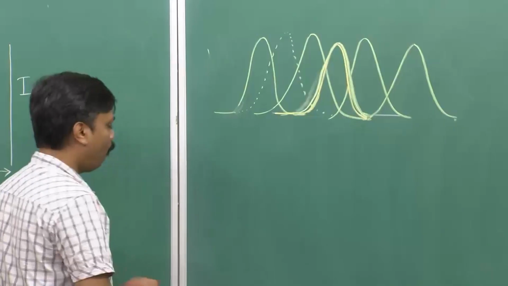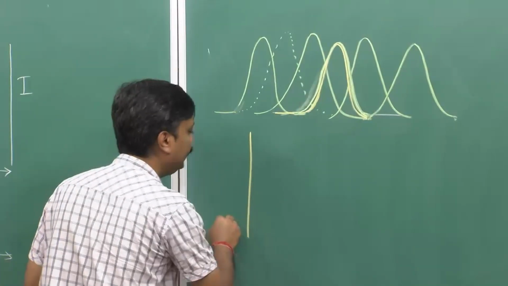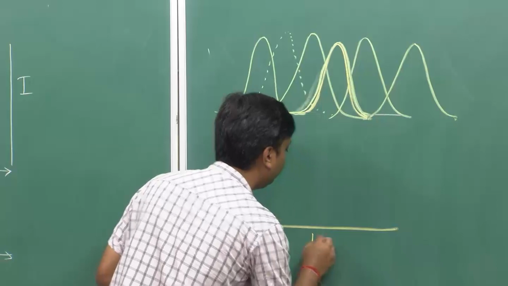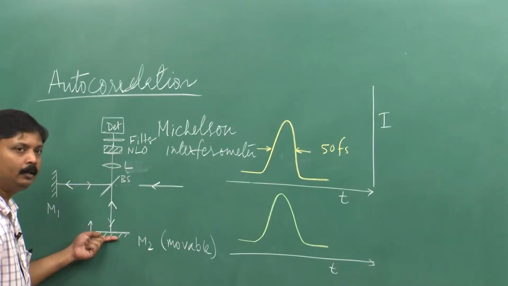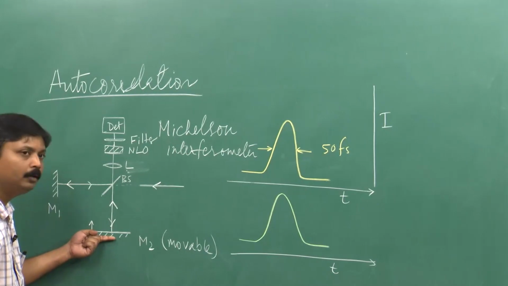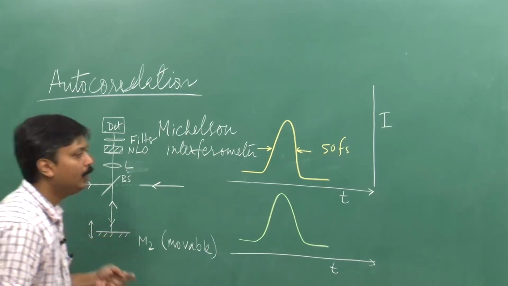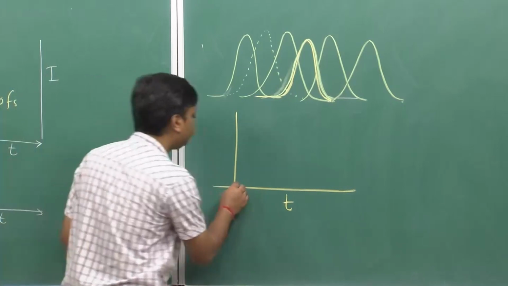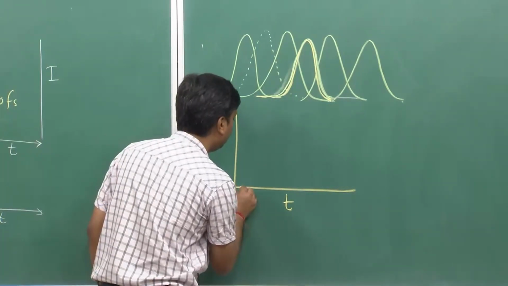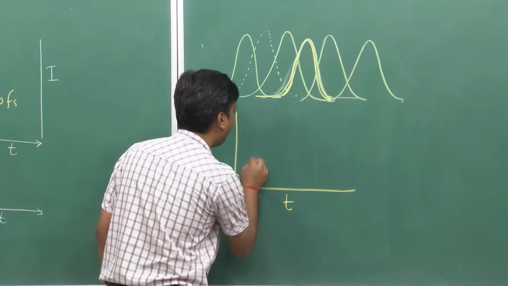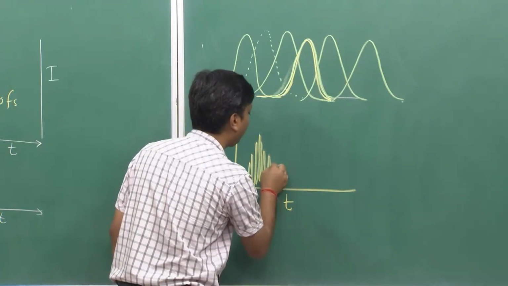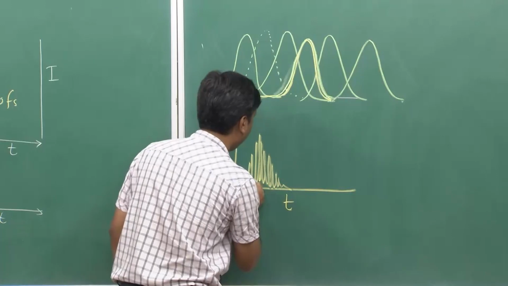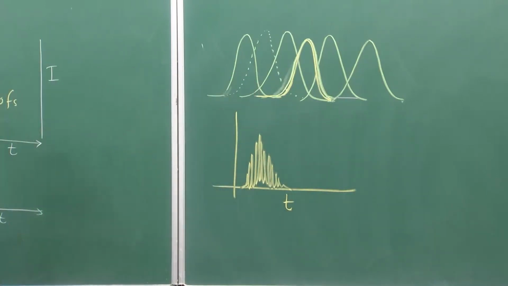So if I follow the SHG intensity as a function of time, which is coming from the delay that this mirror movement can give us, then what will I see? I will see an intensity pattern like this.